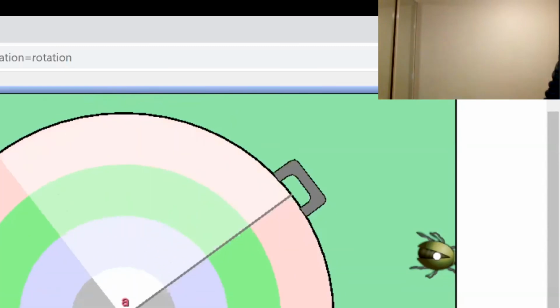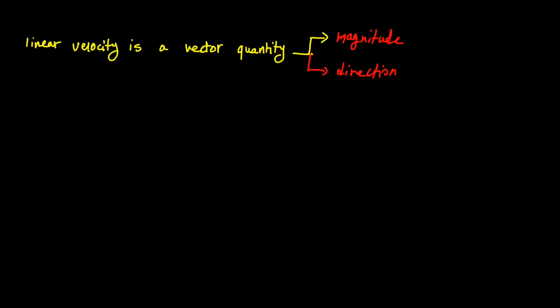And then my thumb points in the direction of angular velocity, that in this case shows out of the page. So we saw that the angular velocity is a vector quantity, and now we know how to calculate its magnitude, and using the right hand rule we can find its direction.